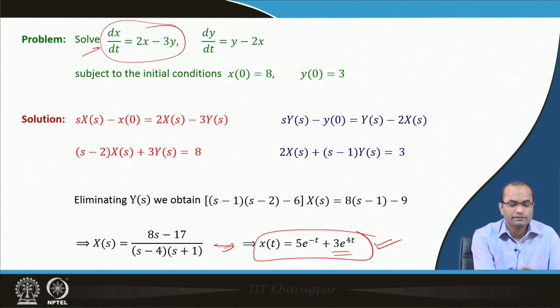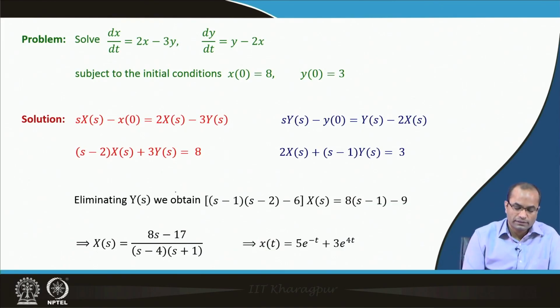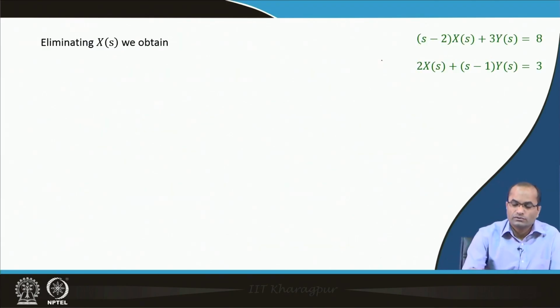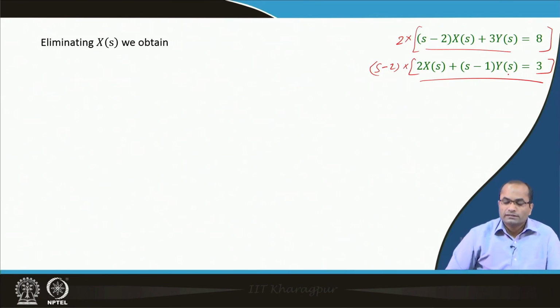So, getting this derivative there, we can also get y directly from this equation, or we can proceed in a similar fashion, that as we have eliminated here y t, now we can eliminate x t. So, having these equations, and if we want to eliminate x s, for instance, so here we need to multiply the whole equation by 2. Here we have to multiply the whole equation by s minus 2, and then we can subtract.